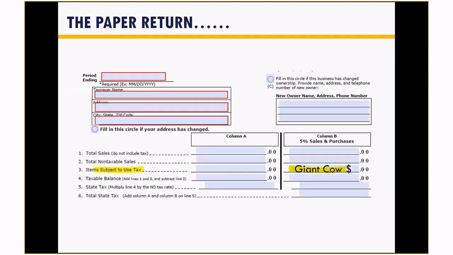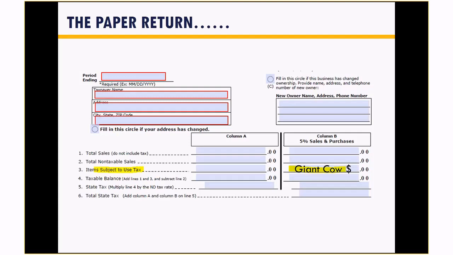This is a North Dakota paper sales tax return. They're going to be very similar in most states. The important part here is, where should Miller's report the use tax on their giant cow? And as you can see here on line 3, North Dakota has an items subject to use tax line.